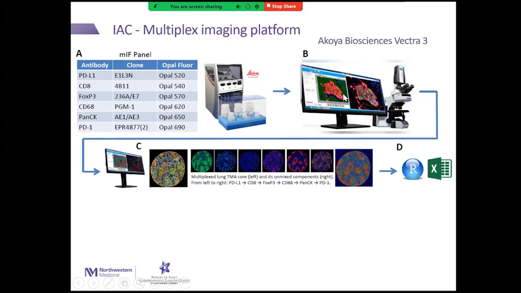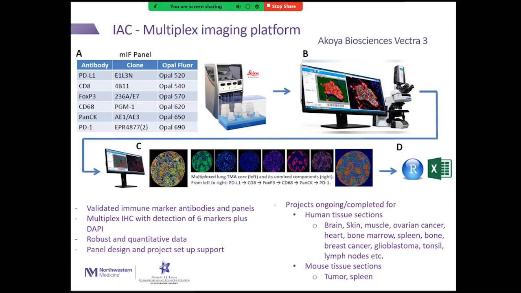And then when you take the images, the software in the Vectra 3 can unmix the images for different colors. And it has a machine learning software also, which can give you very quantified data at the end of your analysis.